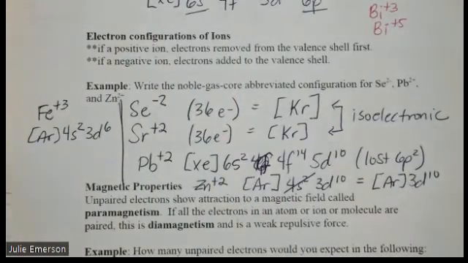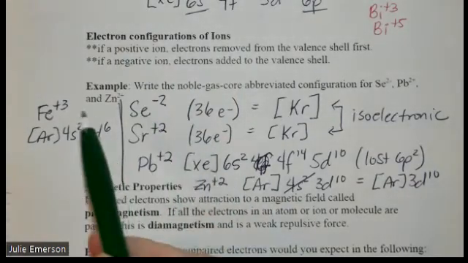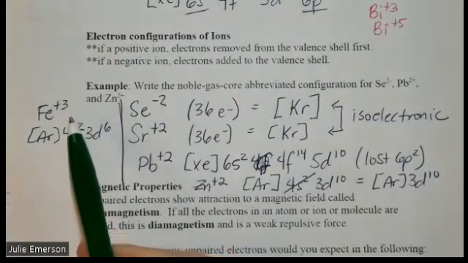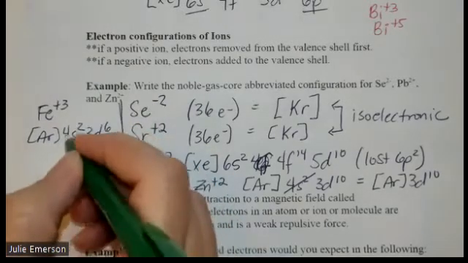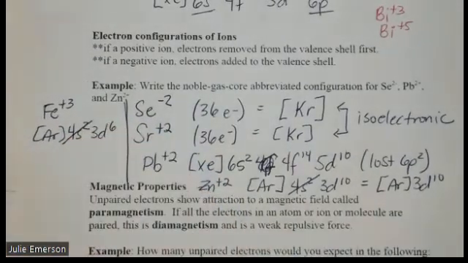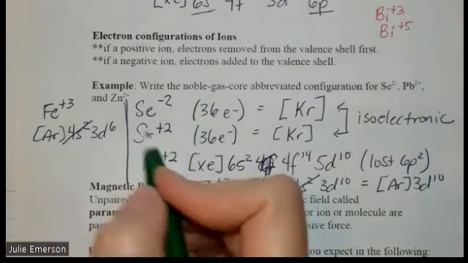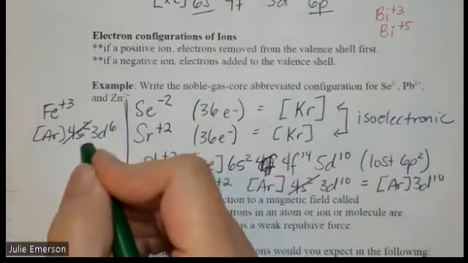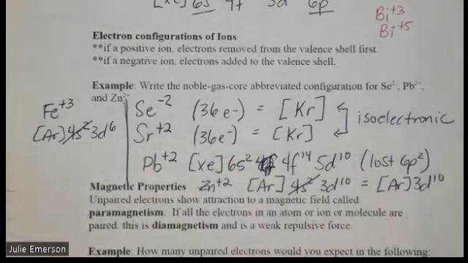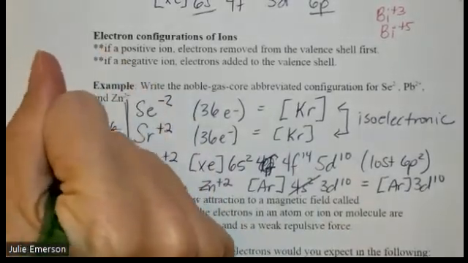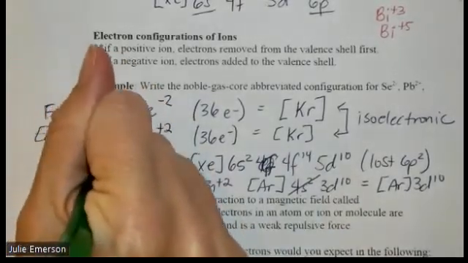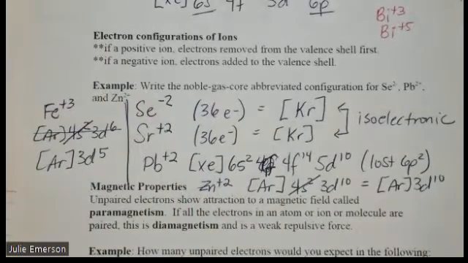So that's the atom. If I'm going to lose 3 electrons here, even though we fill the 4s before the 3d, we take away the 4s before the 3d, and that's only 2 electrons. We need to take another one away from the d. So what we're left with here, let me cross it out, is the argon with 3d5 left, all right?